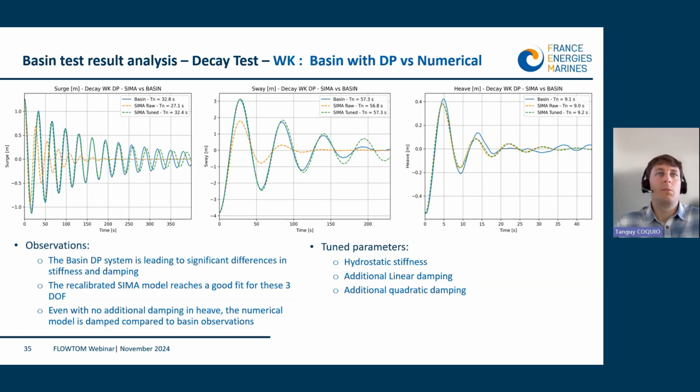Though we are very happy with the first result, because there is a lot of additional station keeping elements on the mock-ups, and this is considered as a light adjustment on the numerical model, and especially it's dedicated to the representation of the model in the basin, not of the global numerical model. So we tuned a little bit the hydrostatic stiffness, and we added linear and additional quadratic damping here.